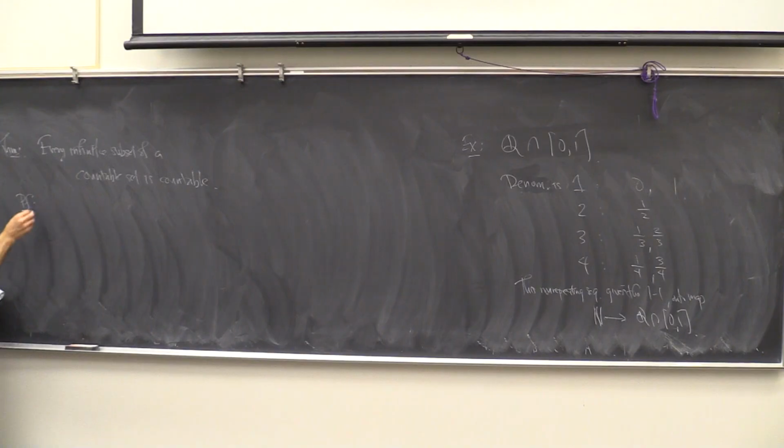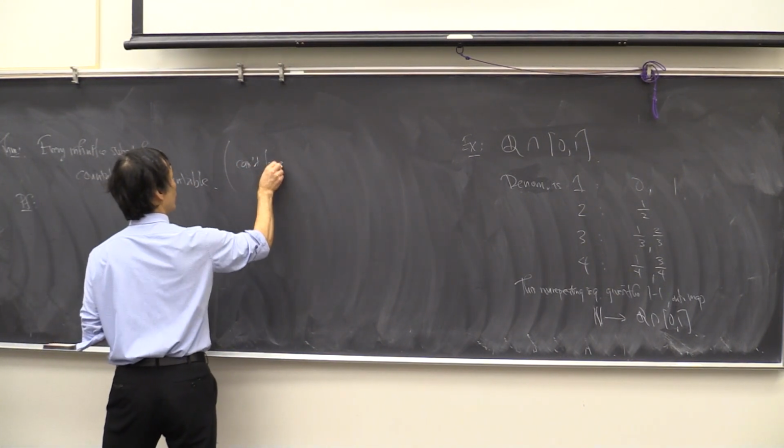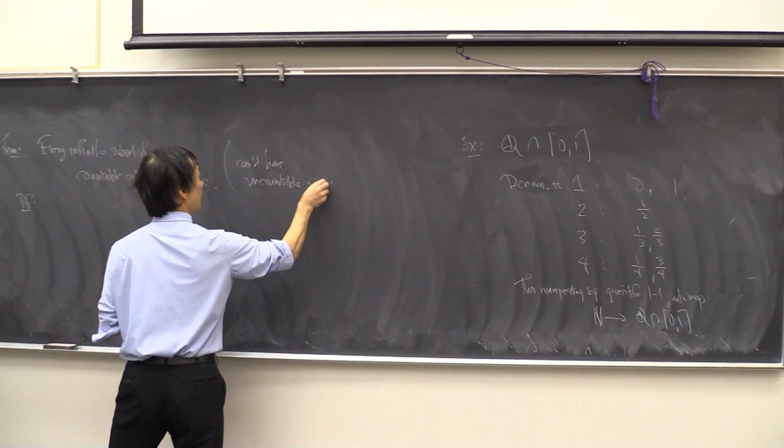Which is, as you might expect, in other words, what it's saying is that you can't have an uncountable set sitting inside of a countable set. That's impossible. So you can't have uncountable inside countable.